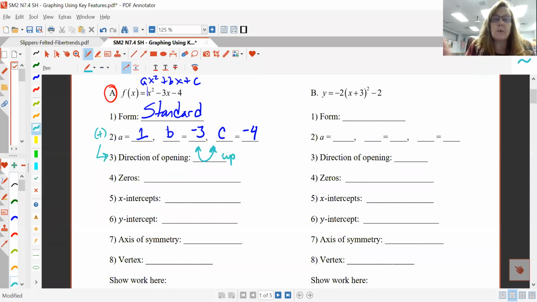From here, we are supposed to be finding some other information, but I don't necessarily want to find it in the order they've specified. I am actually going to want to start on 7 and 8. So I'm going to start here because essentially that is finding the key point of my parabola, which is my vertex point, okay?